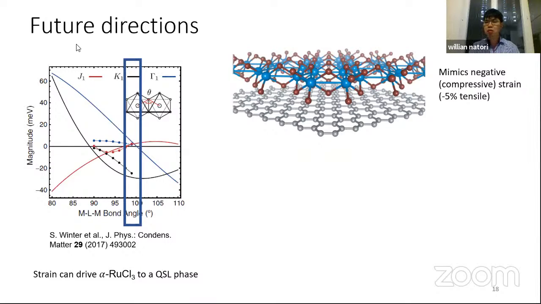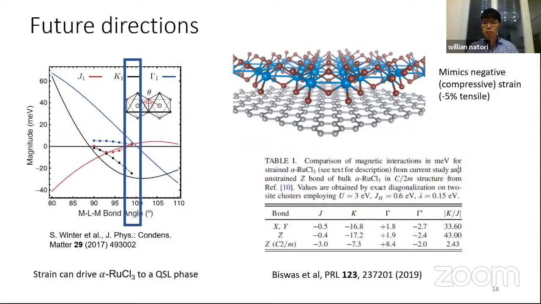But if you just place ruthenium trichloride on graphene, you'll find that this system, by proximity effects, leads to some doping, and this doping leads to some strain.